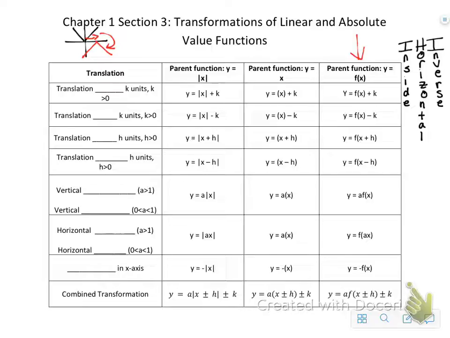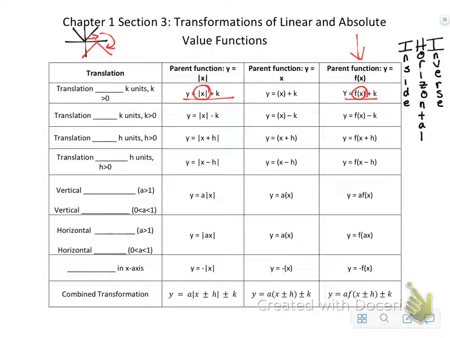Notice how this equation is only different from this equation because this has an absolute value of x and this has an f of x. The function is the absolute value. So even if you didn't get that, let's go through the transformations.